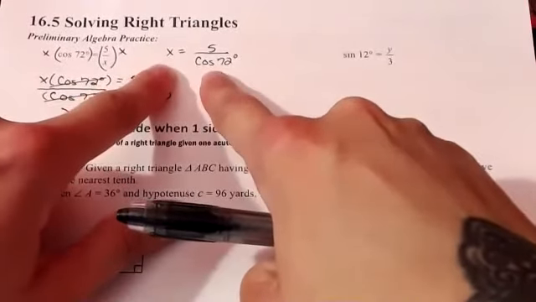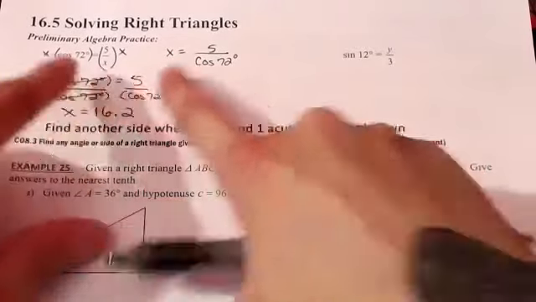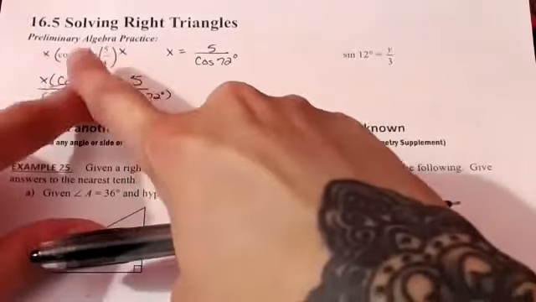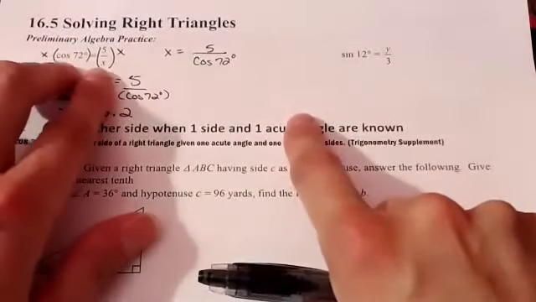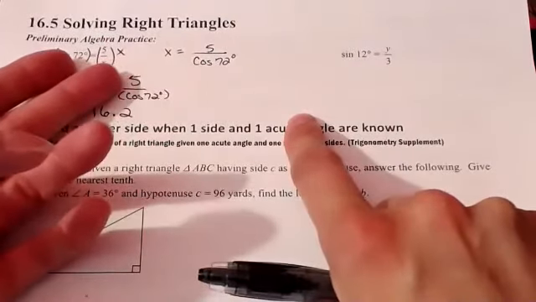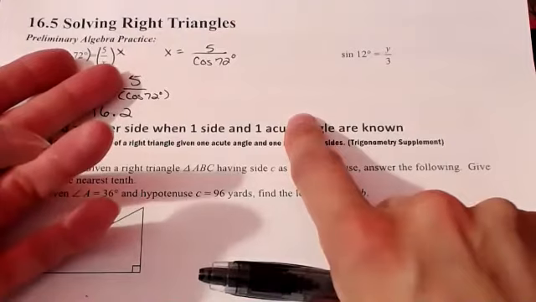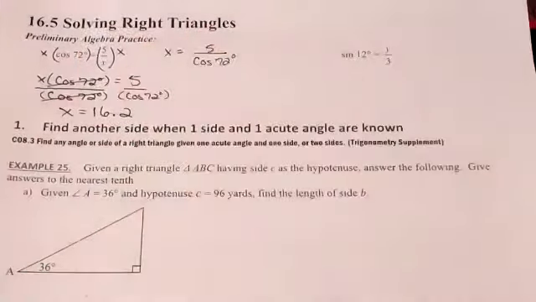Because this is a proportion, you're allowed to do that. You're allowed to switch your means or your extremes, right? So we can actually take the cosine of 72 and x and flip places. And it would be the exact same equation, which is nuts to think, but we proved that mathematically.